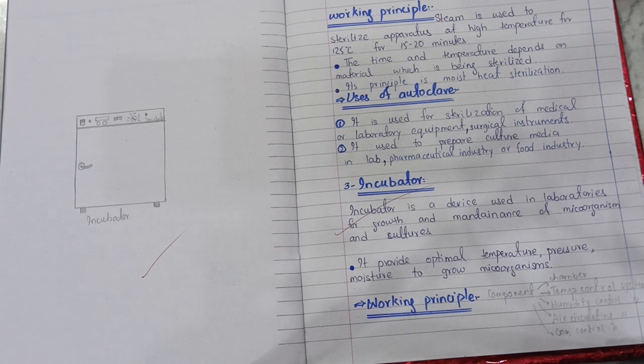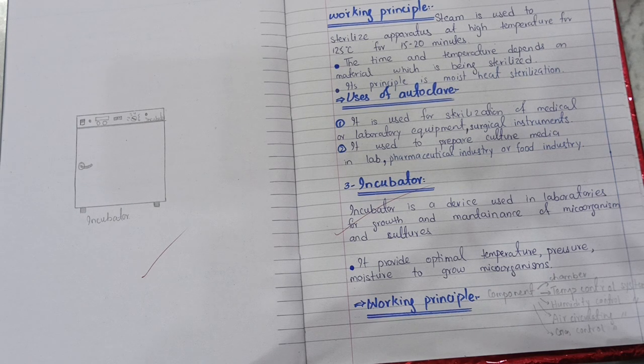So what are the uses of autoclave? It is used for medical or laboratory equipment or surgical instruments to sterilize and clean them. It is also used to prepare the culture media in the lab, in the pharmaceutical industries, and in the food industries. In the food industry, we prepare the food without any kind of microbes.